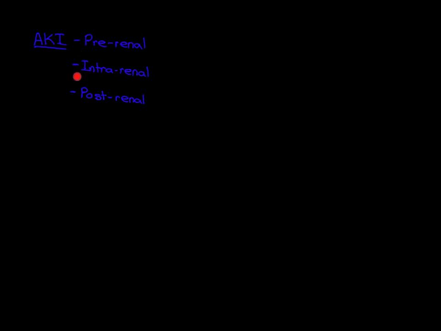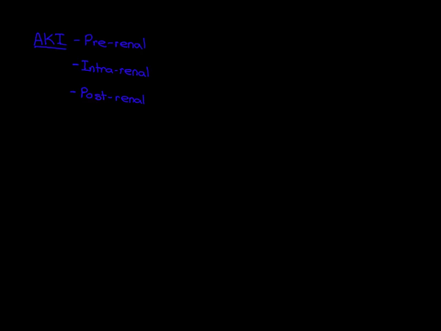We're going to spend most of our time actually talking about intrarenal because it's so complicated. Intrarenal is actually quite rare. It's quite rare for a disease of the kidney to occur. So be aware that the time that we're going to spend on these different categories doesn't reflect how clinically common these different causes actually are.